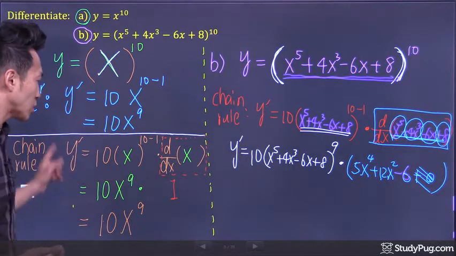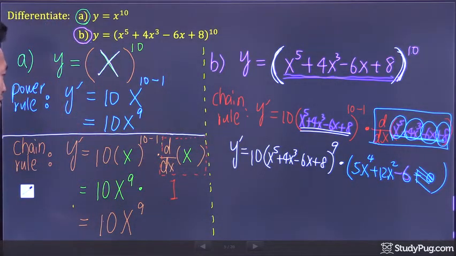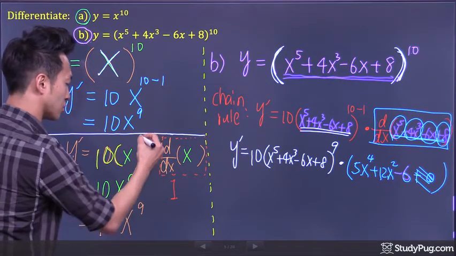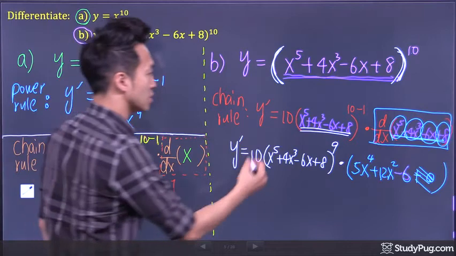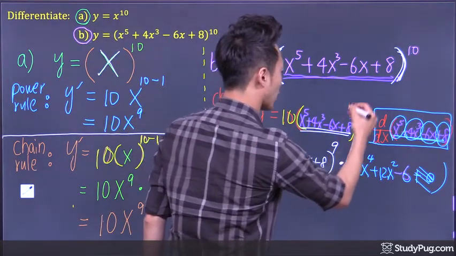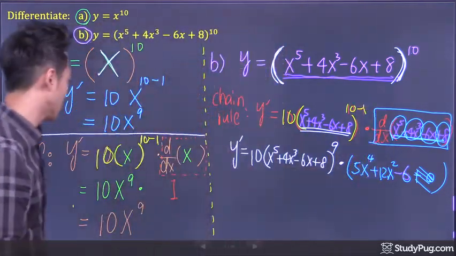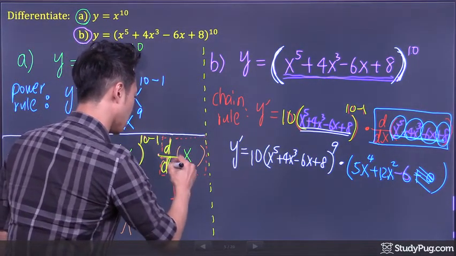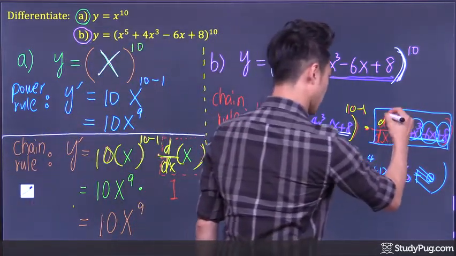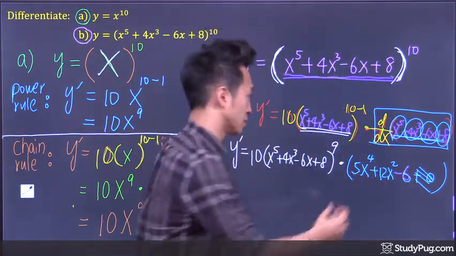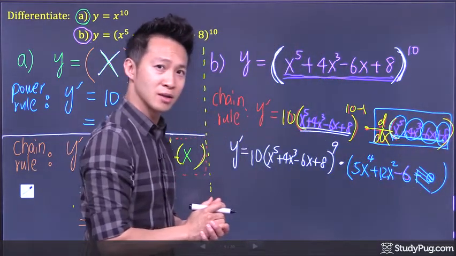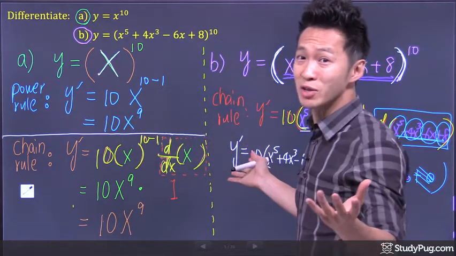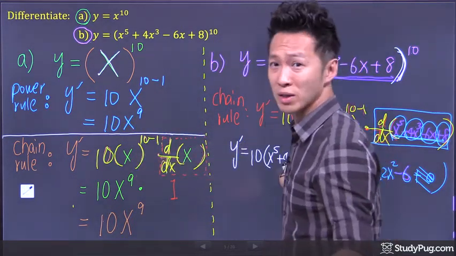Look how we set up the chain rule for question A. We have 10 times bracket to the power of 10 minus 1. See? 10 times bracket to the power of 10 minus 1. Yeah? And followed by what? The derivative of the bracket. Followed by derivative of the bracket. Yeah? See, in the eyes of chain rule, these two functions are pretty much exactly the same, right? When we find the derivative.